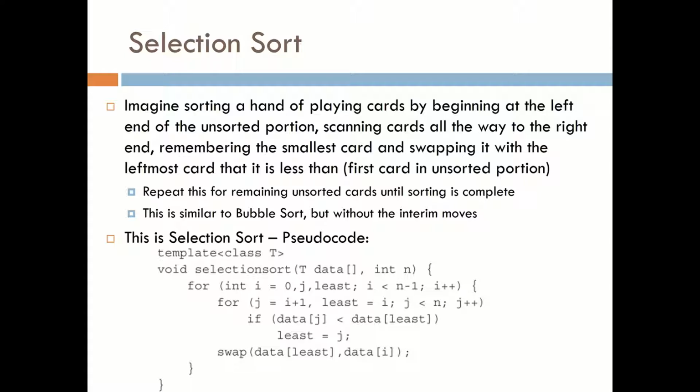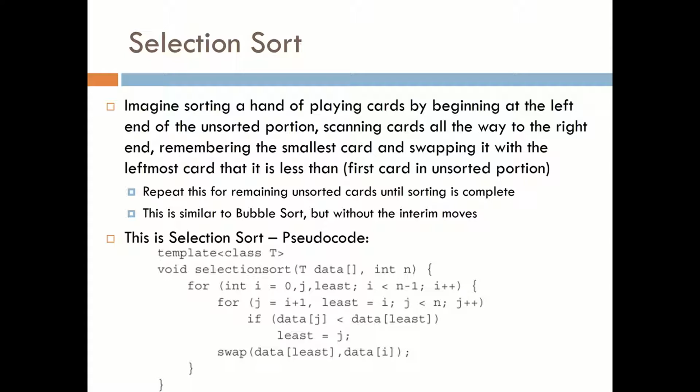Selection sort makes one sweep and remembers which card is the lowest card if we're doing an ascending sort, and then it swaps it with the leftmost card, which is the first card in the unsorted portion. We repeat all of this until the sorting is complete. And again, the difference here is that we're not making those extra moves that bubble sort makes.